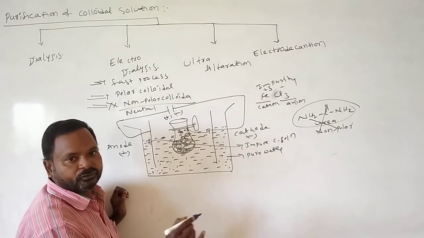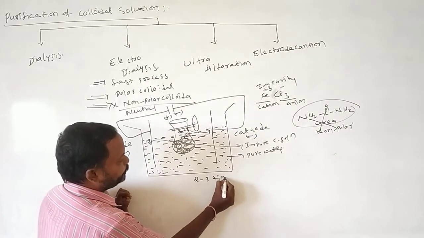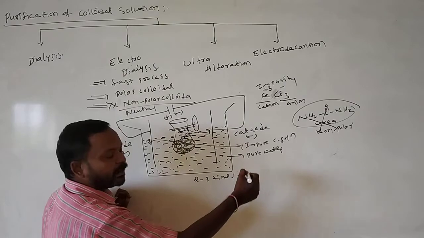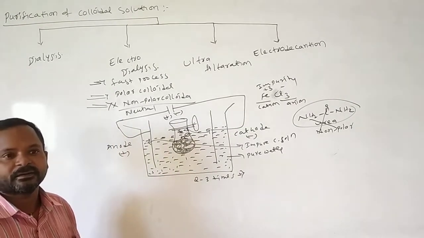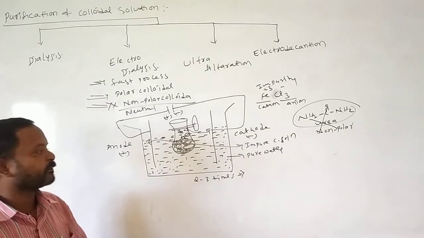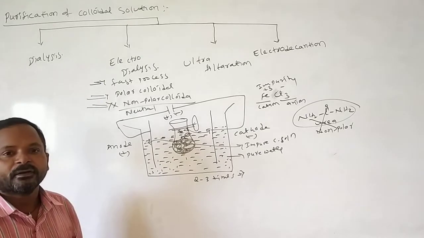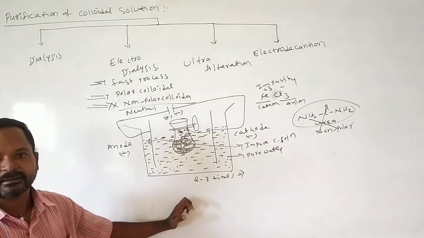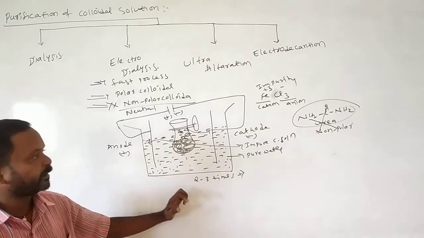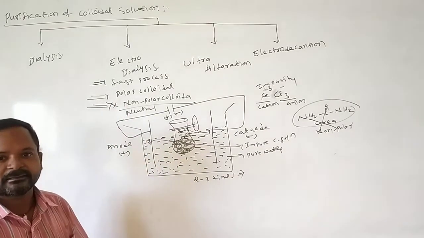Repeat this 2 to 3 times, then we get 100% pure colloidal solution. Along with that, as we are passing electricity, H+ ions and OH- ions are also removed from the colloidal solution as water. This we call electrodialysis.